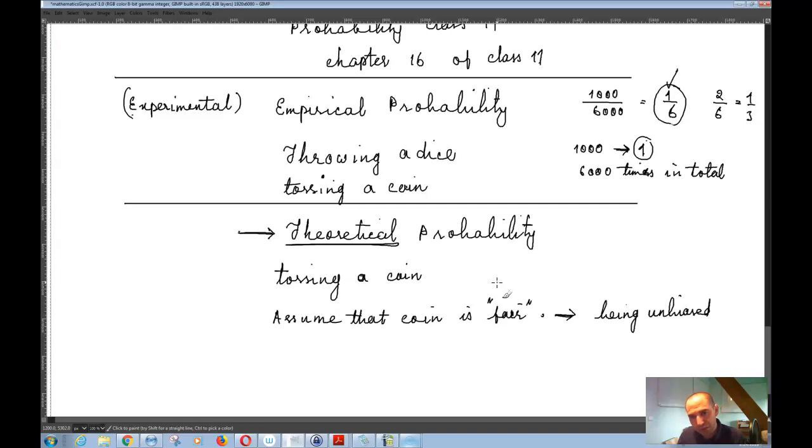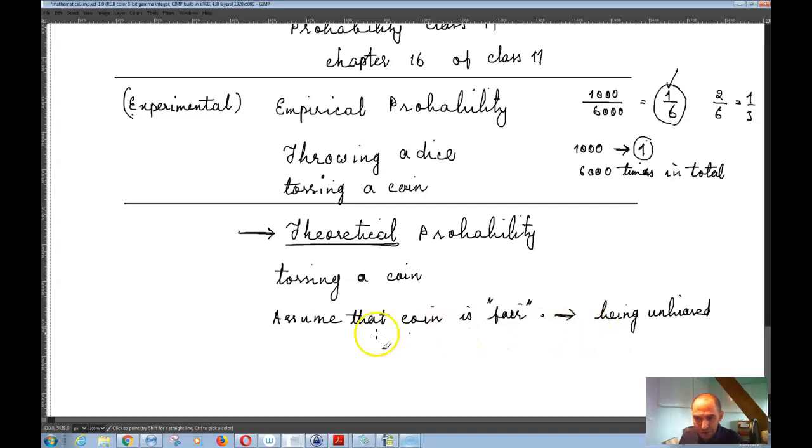You don't want that to exist, because that would ruin the results of your experiment. So you want the coin to be fair, and that means that the coin is unbiased.